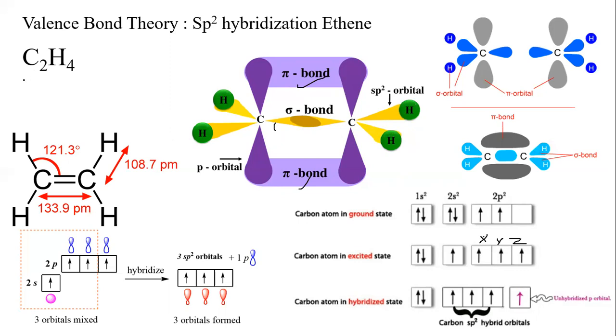The one electron left is called unhybridized; no hybridization takes place. This is regarding sp2 hybridization.